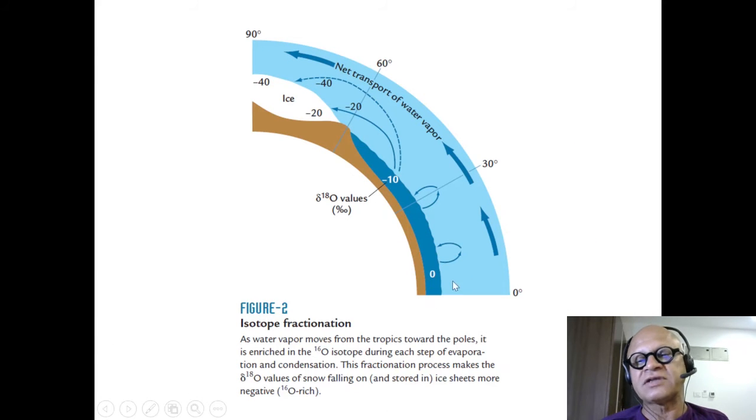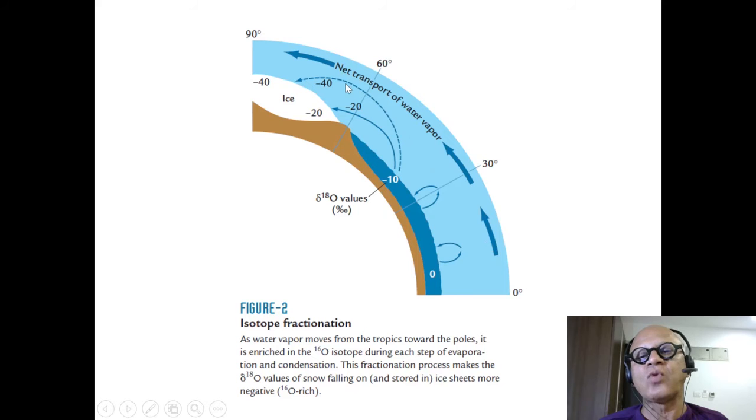So just as an order of magnitude estimate, let's say you started with no depletion here. O18 by the time you reach the subtropics would be depleted by about 10 parts per thousand, and by the time you reach here in ice and glaciers, you would be depleted to the order of minus 20 to minus 40 parts per thousand. Okay, that tells you that there is a continuous depletion or deficit of O18 as you go to higher latitudes.